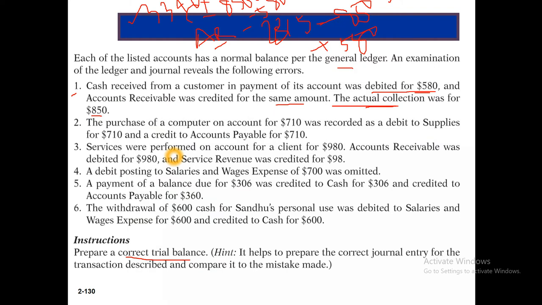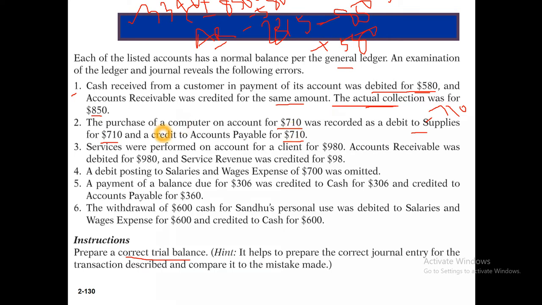Number two, the purchase of a computer on account $710 was recorded as a debit to supplies 710 and credit to accounts payable 710. So this transaction wrongly affected our supplies account 710. Now it will be subtracted from supplies. For a purchase of a computer, we call it equipment.